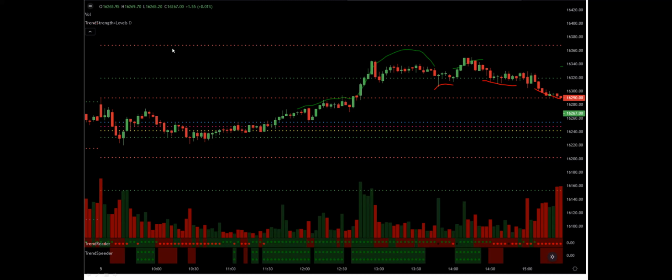I have marked them as red, green, and red here. Whenever the instrument comes here, expect some rejection, so that's why it is red. And if it starts moving up and goes above this green dot, which is H4, you can take a bias for going long.